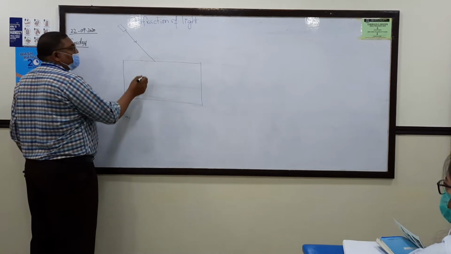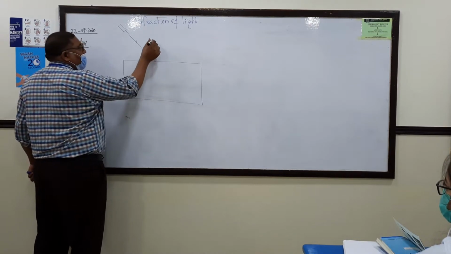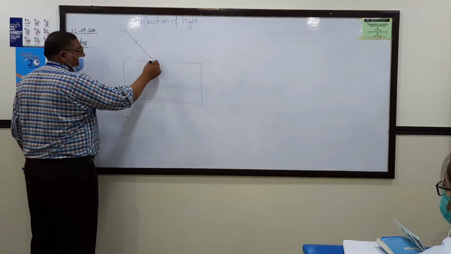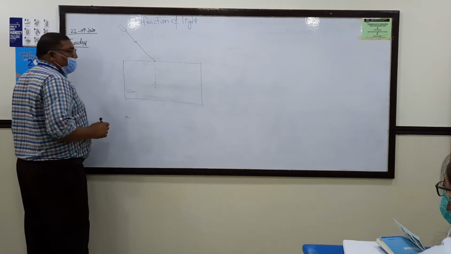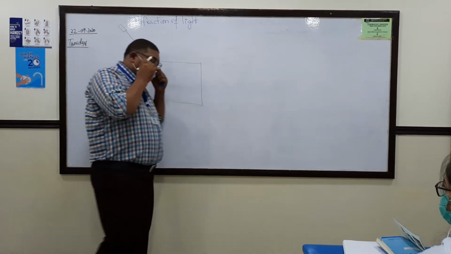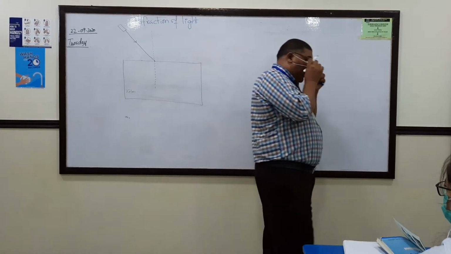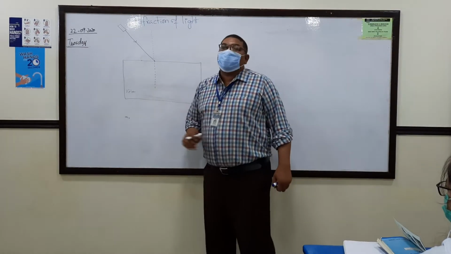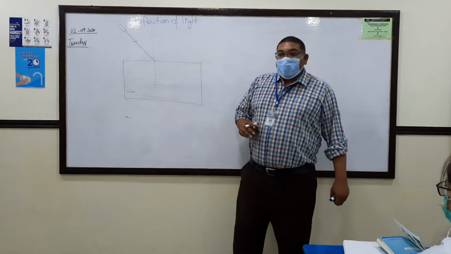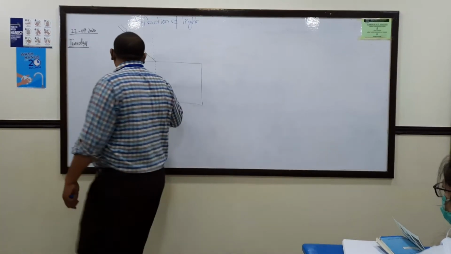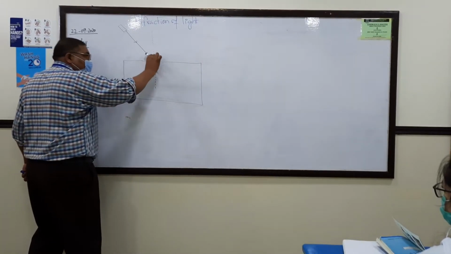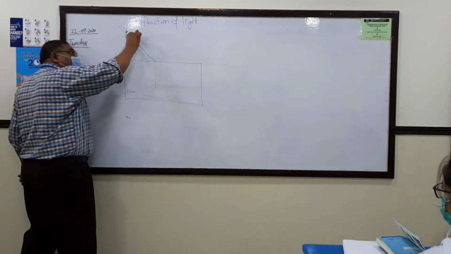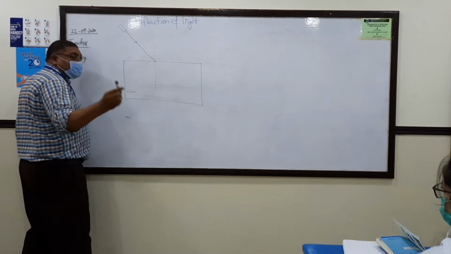Okay? If I draw a normal here, this is a hypothetical thing, the normal. What you will observe, that when the light will enter into the glass, it will not follow the original path. The direction of the light will change.